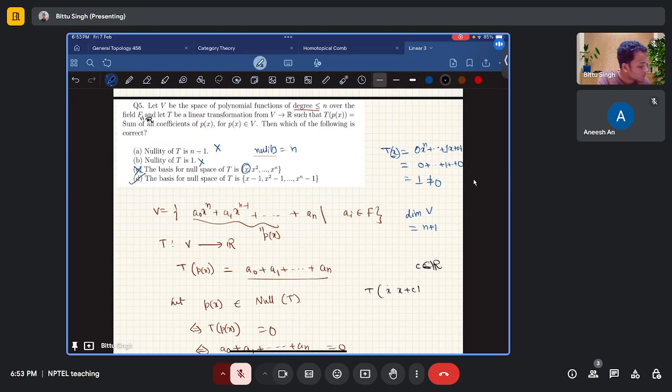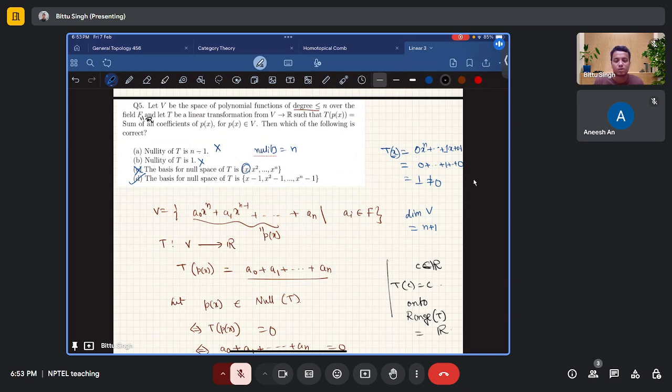The coefficient of x, the coefficient of x square, those are 0. Right? That is, T of C will be C. So this map is onto actually. Onto, so the range of T is the whole of R.